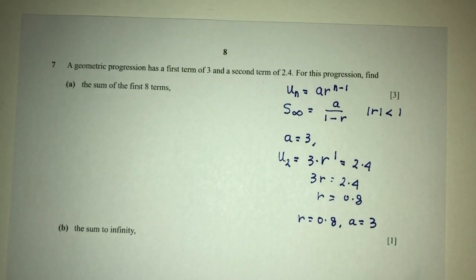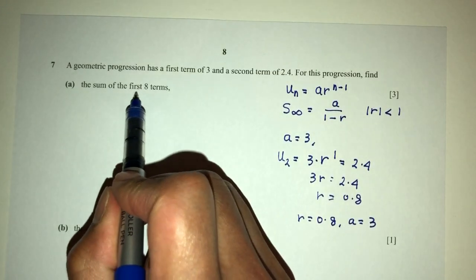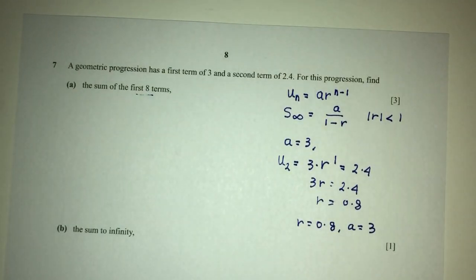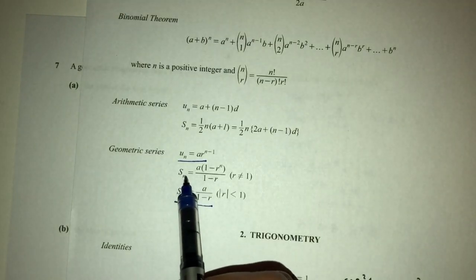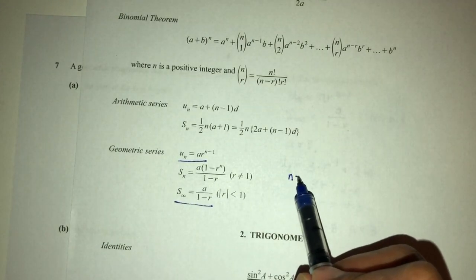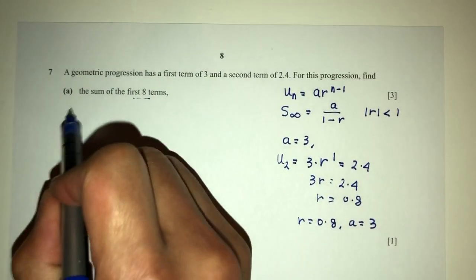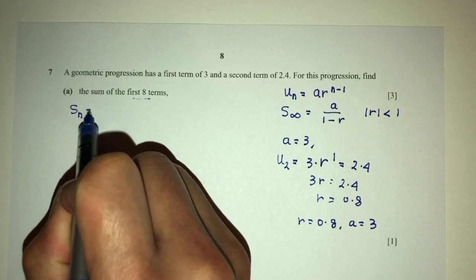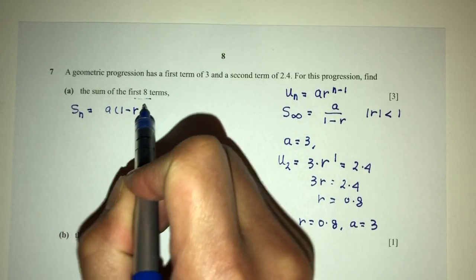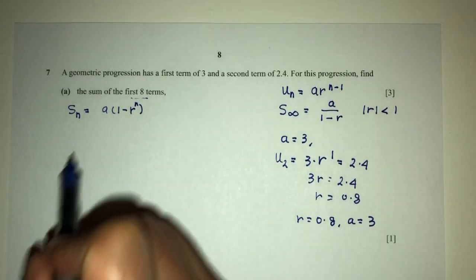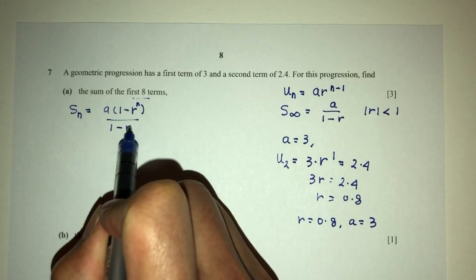Now the question is we have to find the sum of the first 8 terms. Okay, so now again let's use our formula here. This is the sum of the first n terms. So for the first 8, replace n by the value of 8. The sum of the first n terms is given by a times 1 minus r to the power n over 1 minus r.